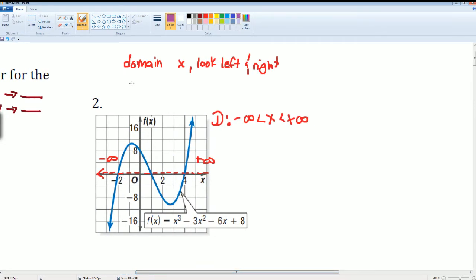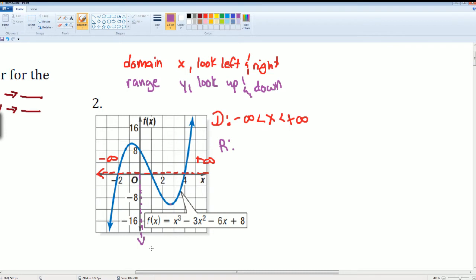The range, again, is for the y. Here we look up and down. What is the lowest number that we see here? Do we stop here? No. Do you see how it keeps going down? Do you see the arrows pointing down?